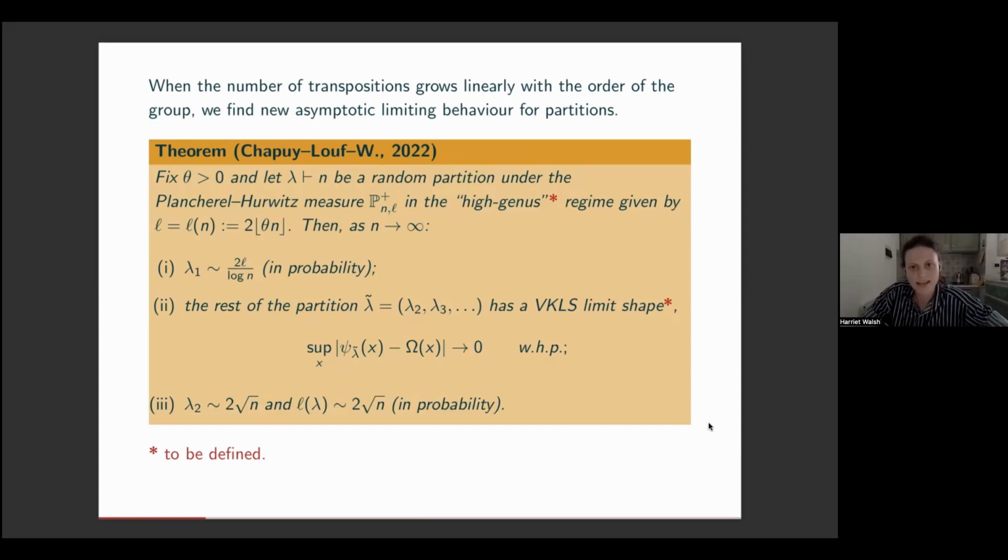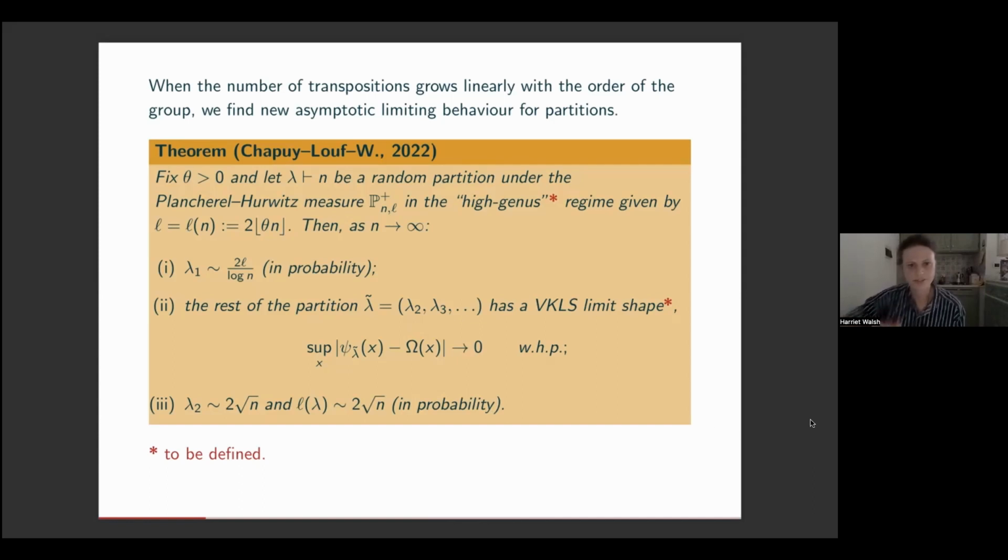And what's interesting is we can find quite a novel limit shape behavior for random partitions in the large n limit here. In particular, there's a two-phase limit shape. One part, the first part, grows very large, growing like n over log n, while the rest of it behaves like you would see a partition behave under the Plancherel measure.